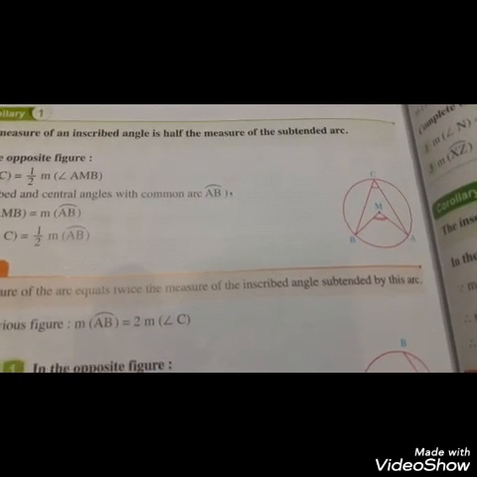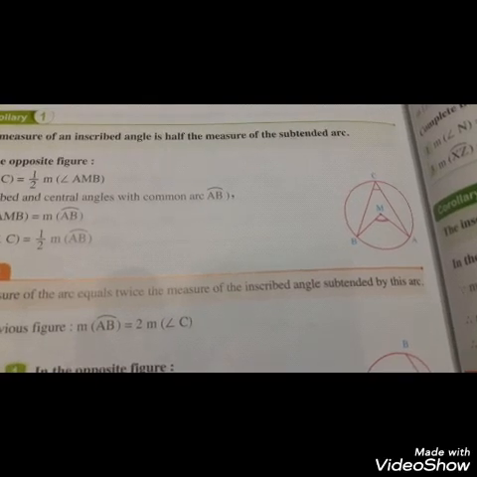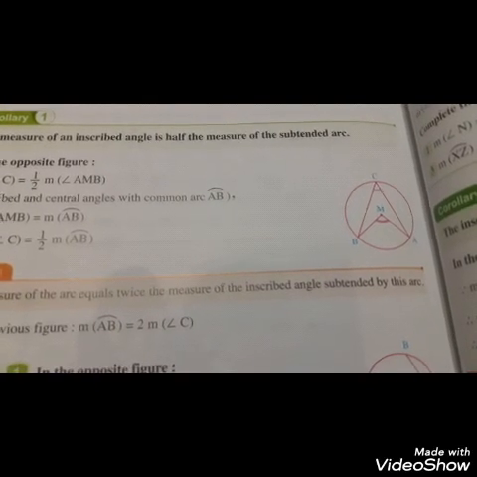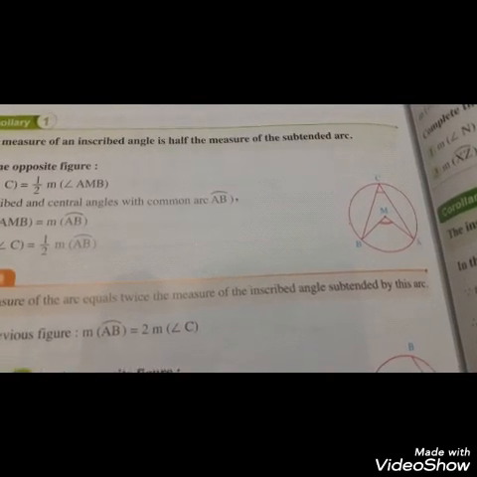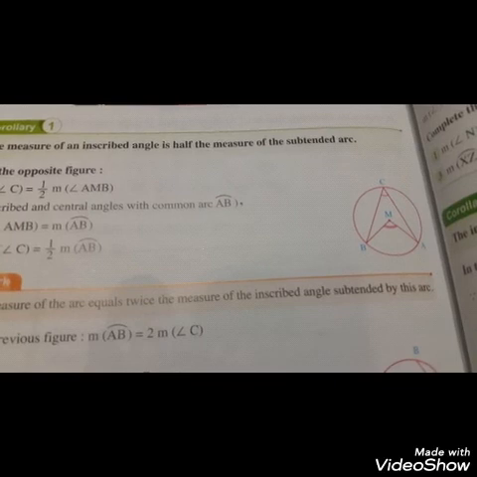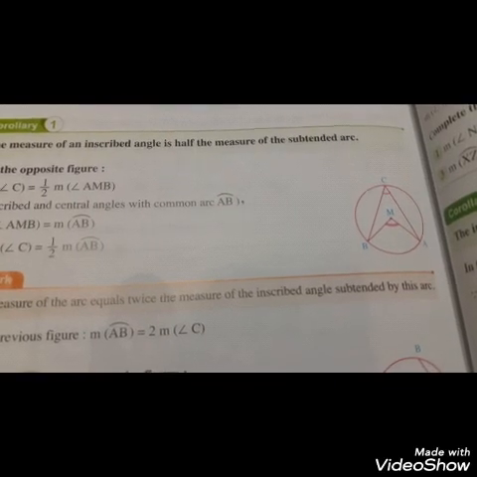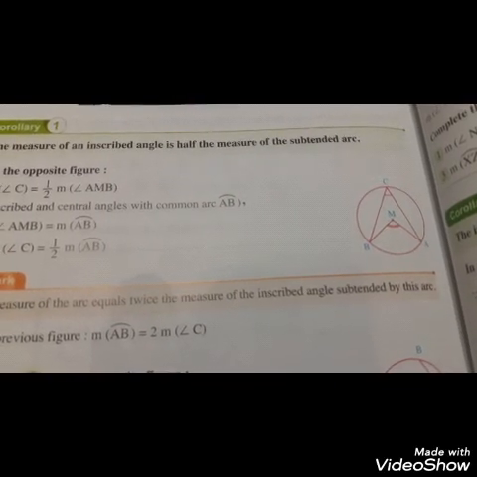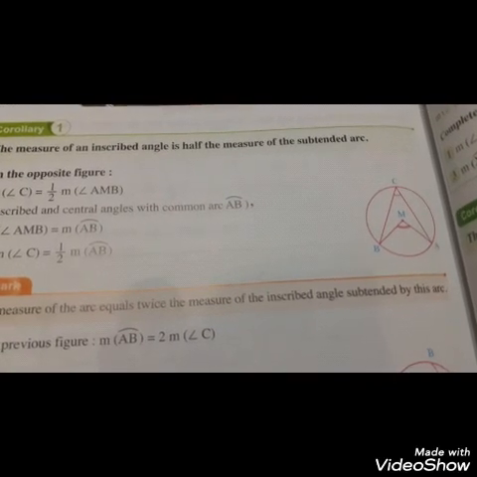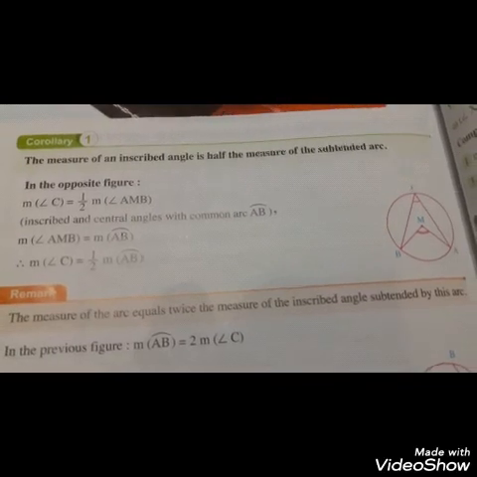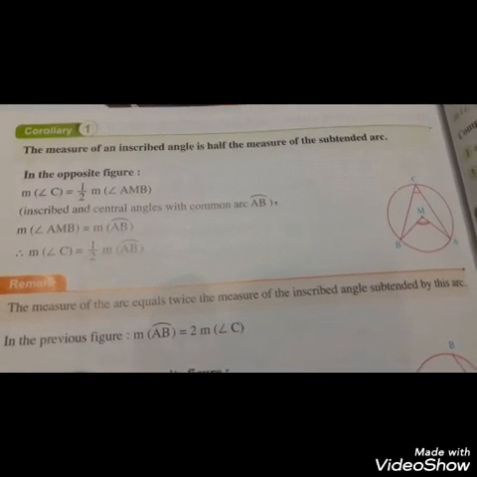And we know that the inscribed angle is half the measure of the central angle, and since the central angle equals the measure of the arc, then we deduce that the measure of any inscribed angle equals half the measure of the intercepted arc.